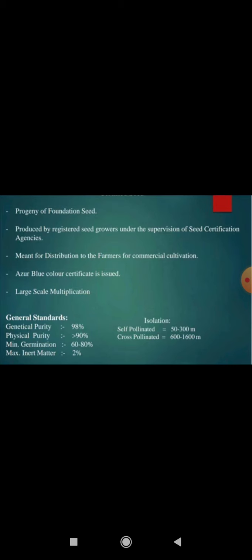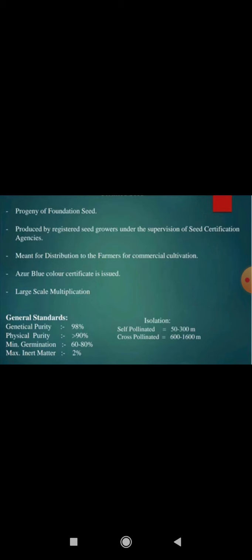In addition, if a company wants to produce seed, they are not required to follow the instructions and process of the state seed certification agency. They are allowed to produce under the Seed Act 1966, and the seed they produce is known as truthfully labeled seed.